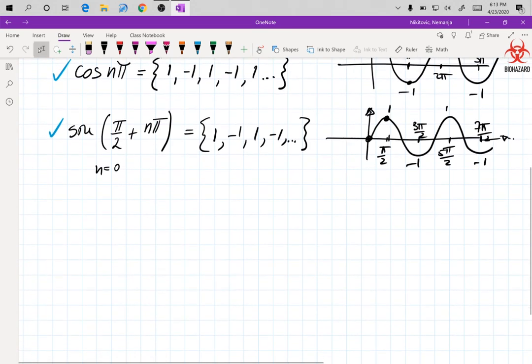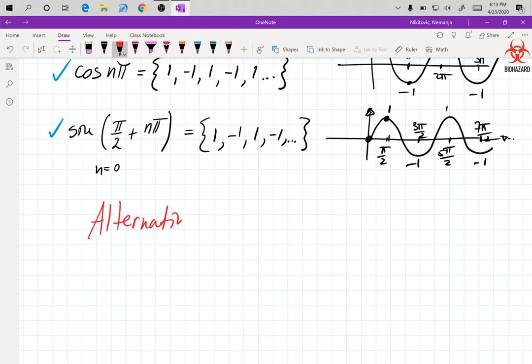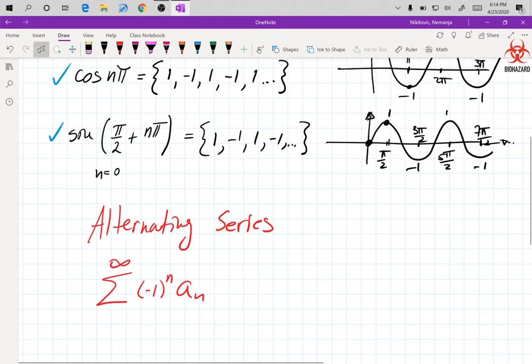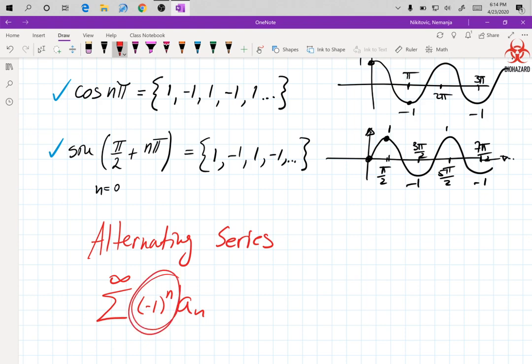All right. Now it's time to learn alternating series. Alternating series have the form of the sum from n equals 0 to infinity of (-1)^n times a_n. So there is clearly the alternating term inside. Now, this can be replaced by these; it will be the same. Sometimes it's hidden.